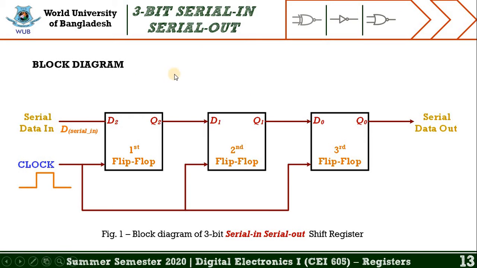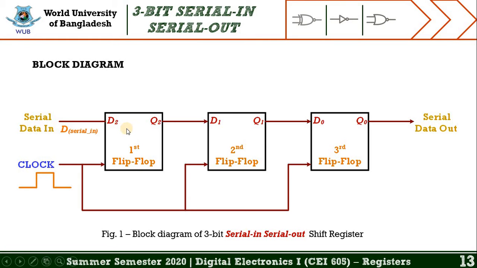This slide represents the block diagram of the 3-bit serial in and serial out shift register. If you look at this figure, you may find there are 3 flip-flops, named first flip-flop, second flip-flop, and third flip-flop. Each flip-flop has one input as well as one output.